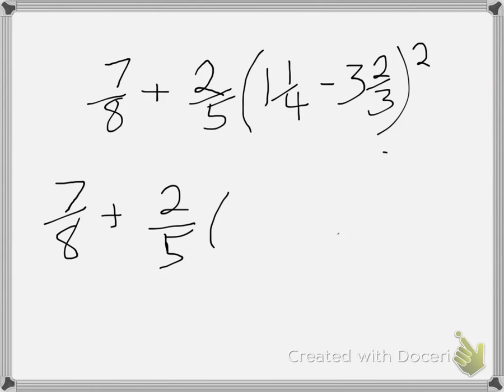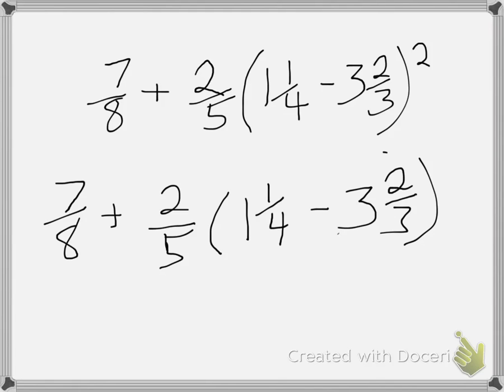Then open parentheses, 1 mixed number 1 over 4, minus, mixed number again, then close parentheses and do your to the second power, and it should give you the same answer as if you do it one step at a time. Okay? A number sitting next to parentheses means you're multiplying by what's in parentheses.